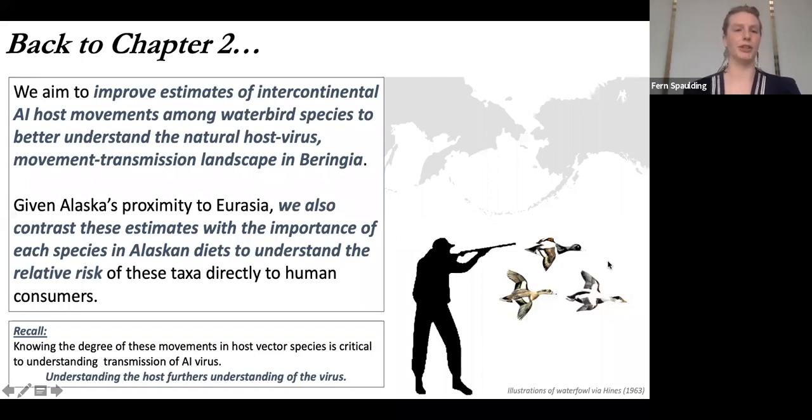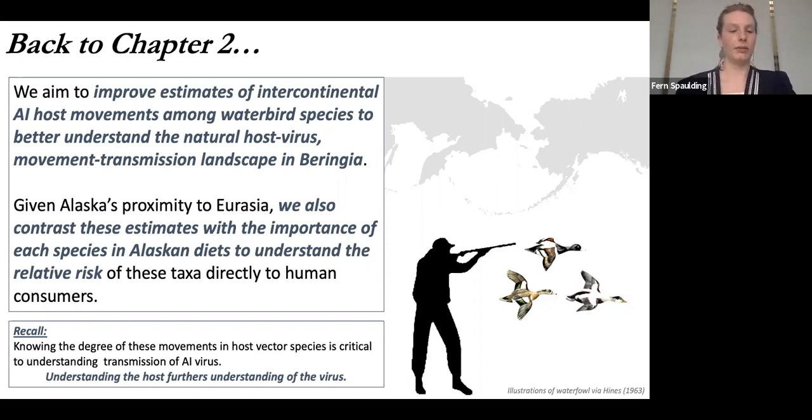So back to chapter 2. The overall goal of chapter 2 is to improve estimates of intercontinental avian influenza host movements among waterbird species to better understand the natural host virus movement transmission landscape in Beringia. Given Alaska's proximity to Eurasia, we also contrast these estimates with the importance of each vector species in the Alaskan diets to understand the relative risk.